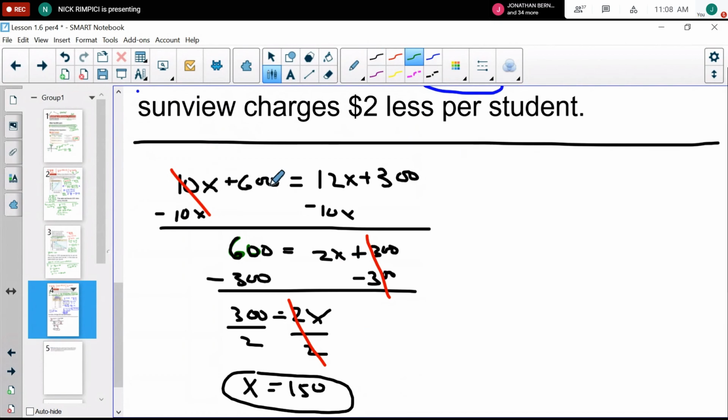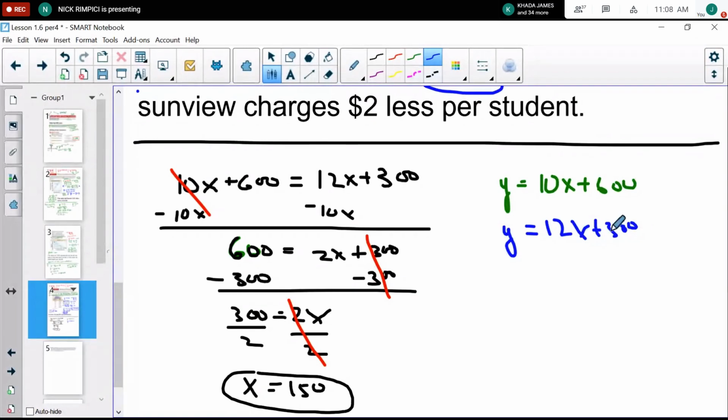We know that Sunview is 10x plus 600. We know that Lakeside is 12x plus 300. Oh, this is not essential. I'm just proving it. So let's prove what the cost for Sunview would be.